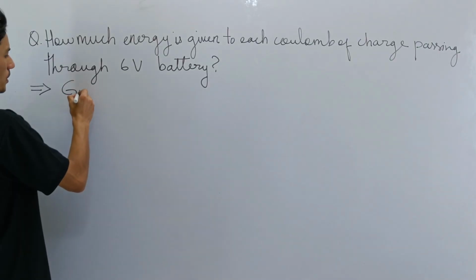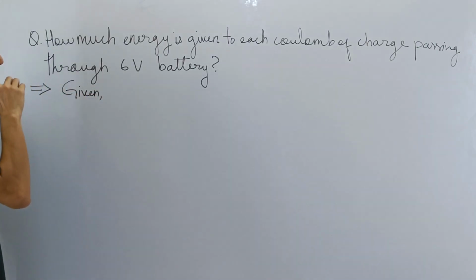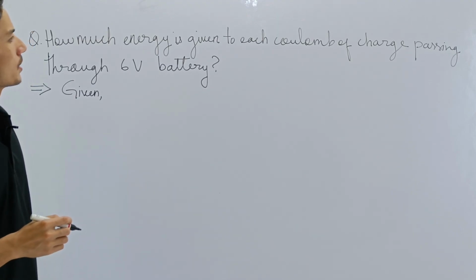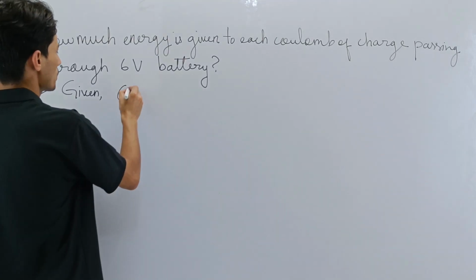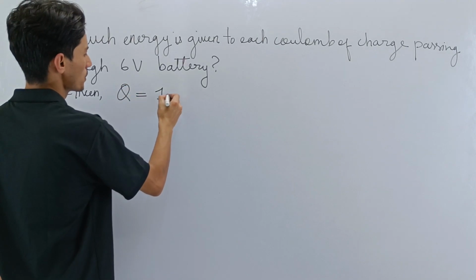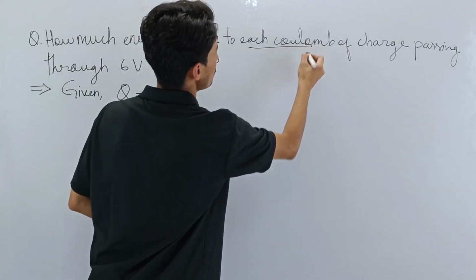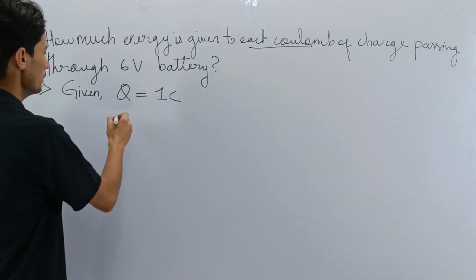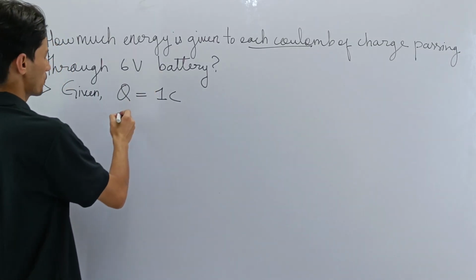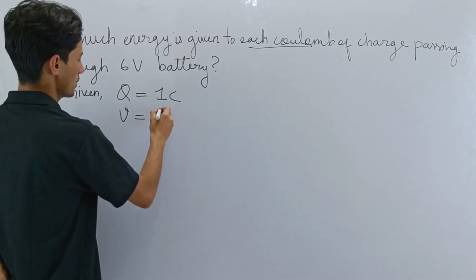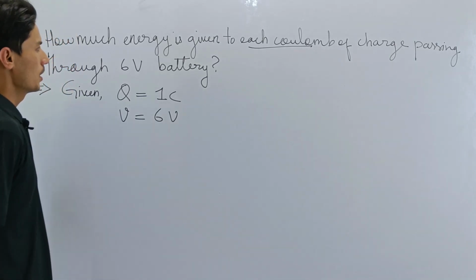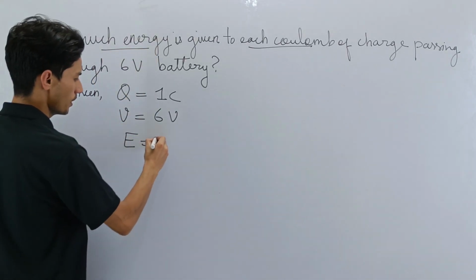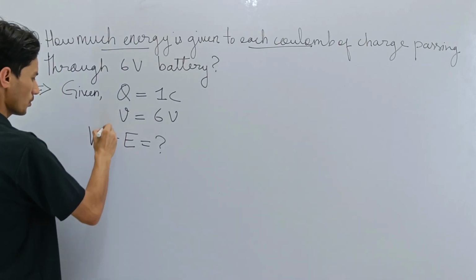So what is given to us? Charge is given to us. Each coulomb means 1 coulomb, so Q is given. Passing through a 6-volt battery, so V is given, which is 6 volts. What are we supposed to find? How much energy. Energy means work done only.